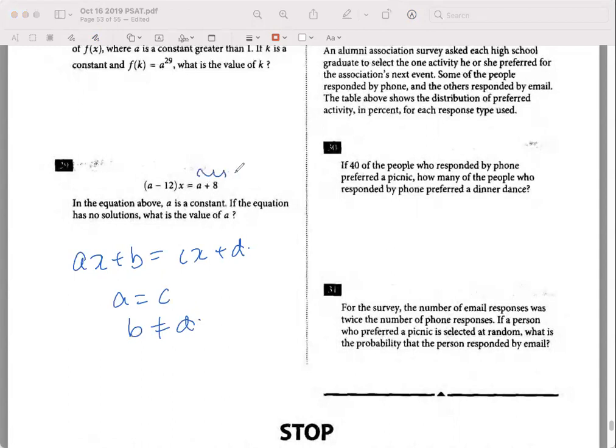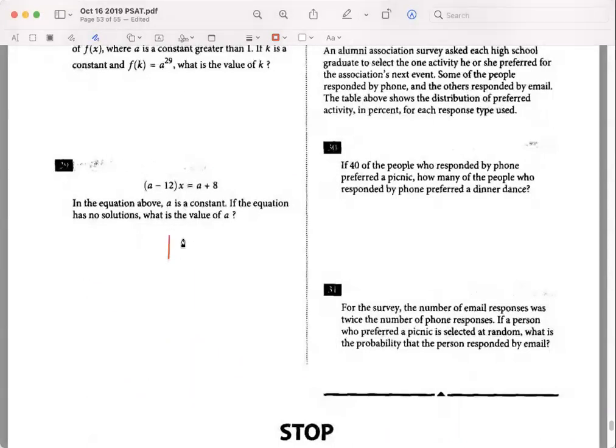Now I notice that there is no x term on the right hand side. So I would just equate a minus 12 to 0. So a would be 12. Because when a is 12, then this x term will disappear and the equation will not have a solution. So 12 is the answer for this.